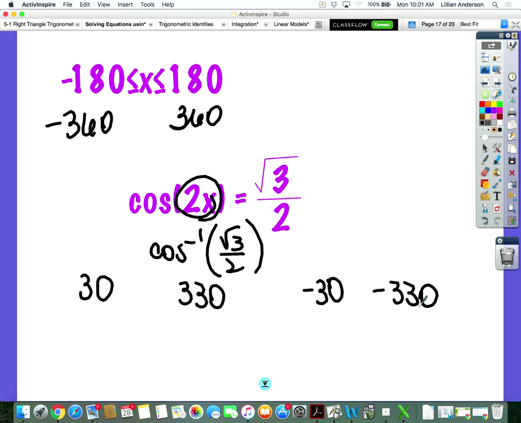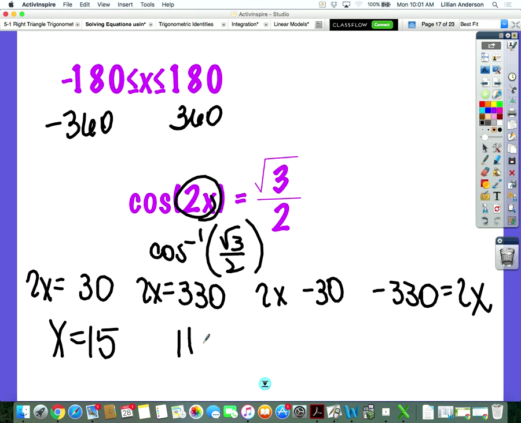But every single one of those was equal to a 2x. So you did have to divide everything by 2 before you actually got your final answer, which would have been 15, 165, negative 15, and then negative 165. Okay? Here's the next one.